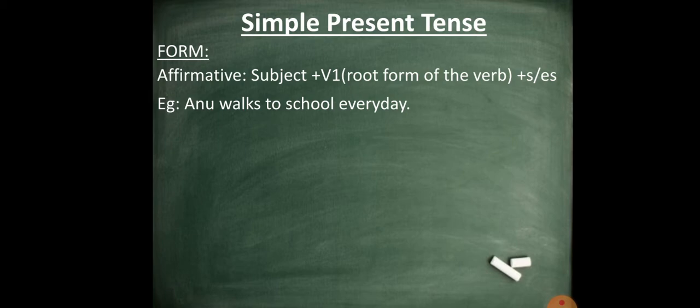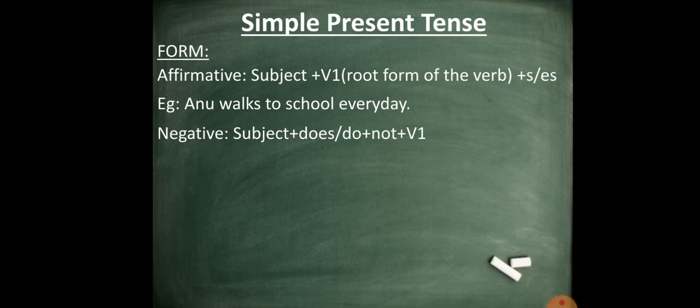So in this example, we can see that Anu is the subject of the sentence and it is singular. So we add S to the verb walk. So Anu walks to school every day.